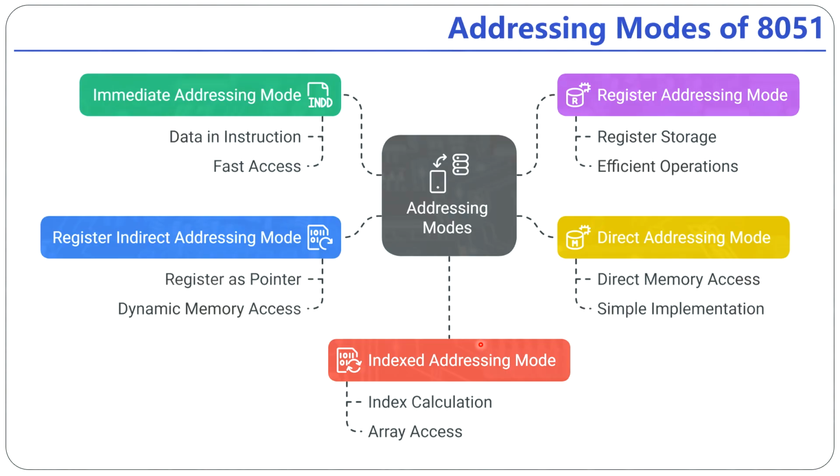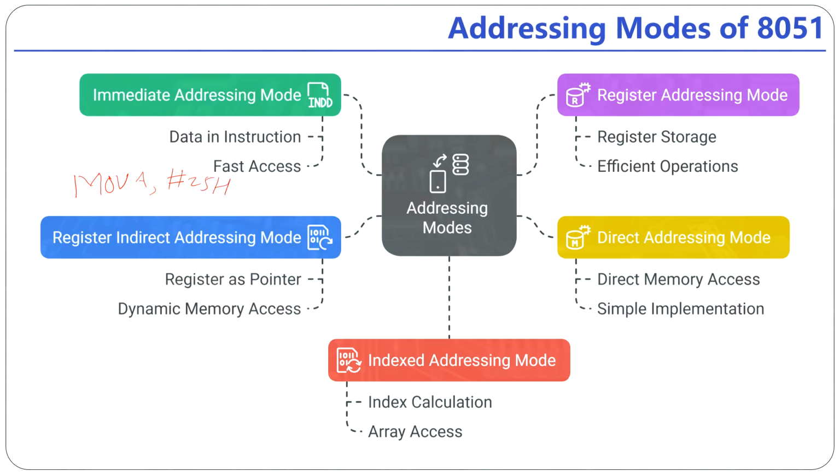Now we can move on to the functioning of this. You can see here, in the immediate addressing mode, we can take a small example. Suppose we take the move instruction: MOV A, #25H.